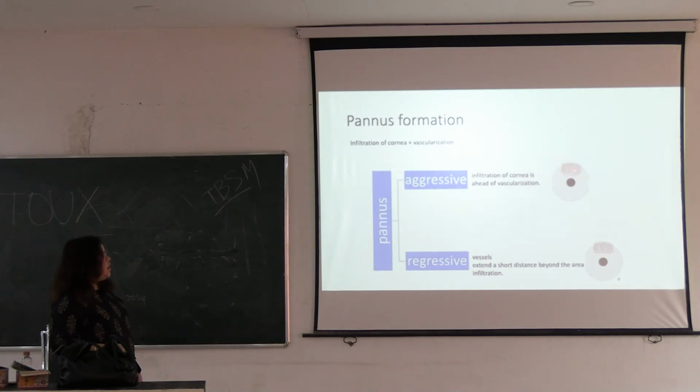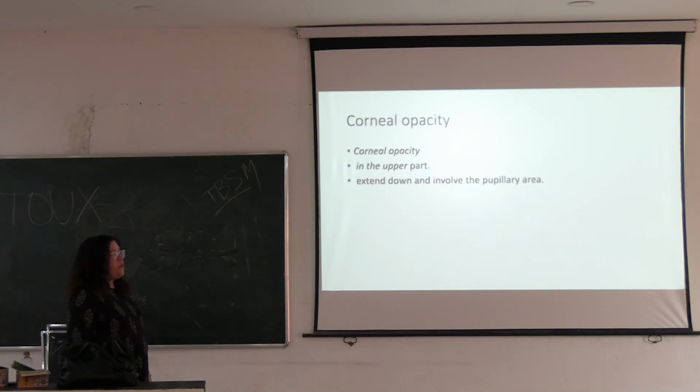Here vessels are present, and infiltrations are also present up to the limbus, but in the regressive stage vessels end here. Vessels do not go further ahead. They extend a short distance beyond the area of infiltration, but in the active stage infiltration and vessels are present at the same level.